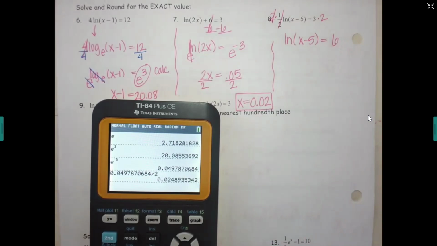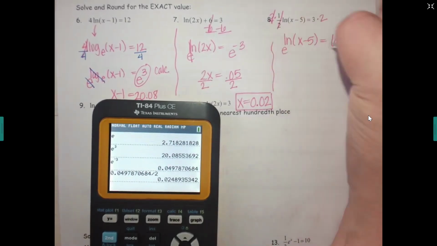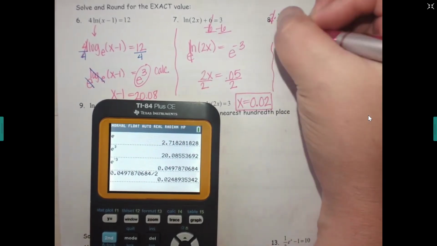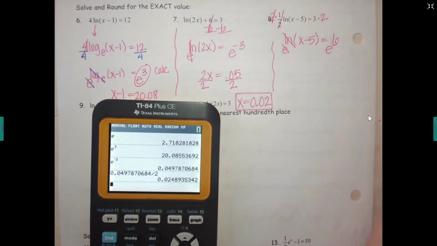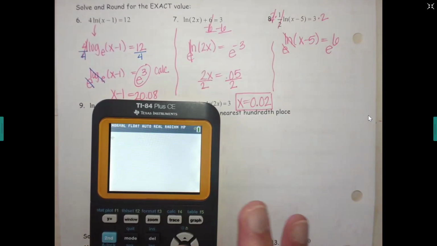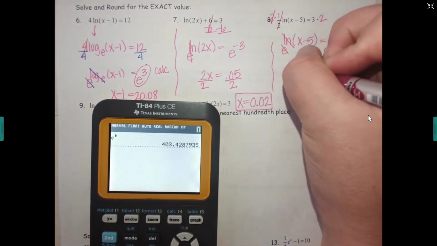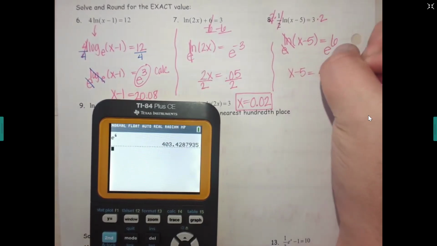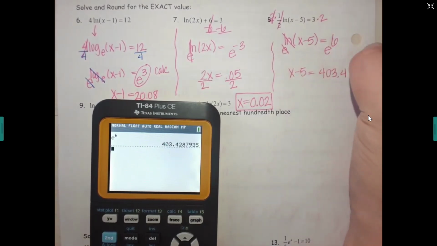Then my ln is really a log little e. How do I undo a little e? And big E to the 6 is just a number in the calculator. E up to the 6th power is 403.428.